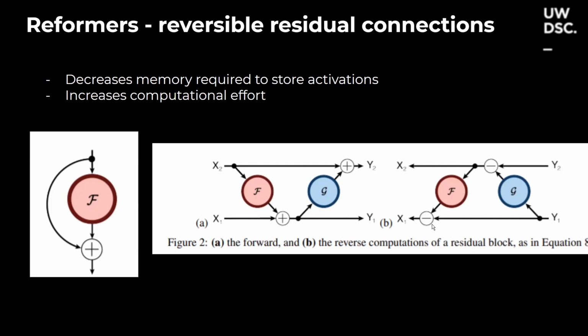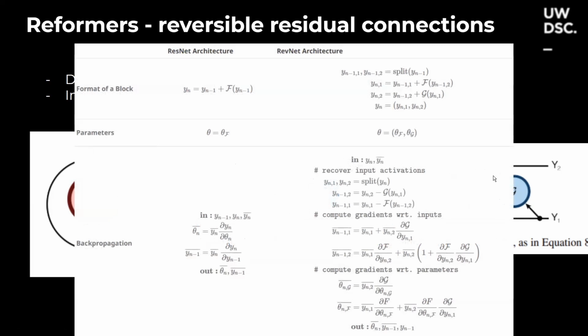Basically the only thing that you would have to store is the final output plus these functions, which is in a way saving your memory, but it also increases a lot of your computational time. It takes up like 3 times the effort. So these are just all the equations used in that. This is the normal ResNet, and this is RevNet, and you can see that they do go through a lot more operations.